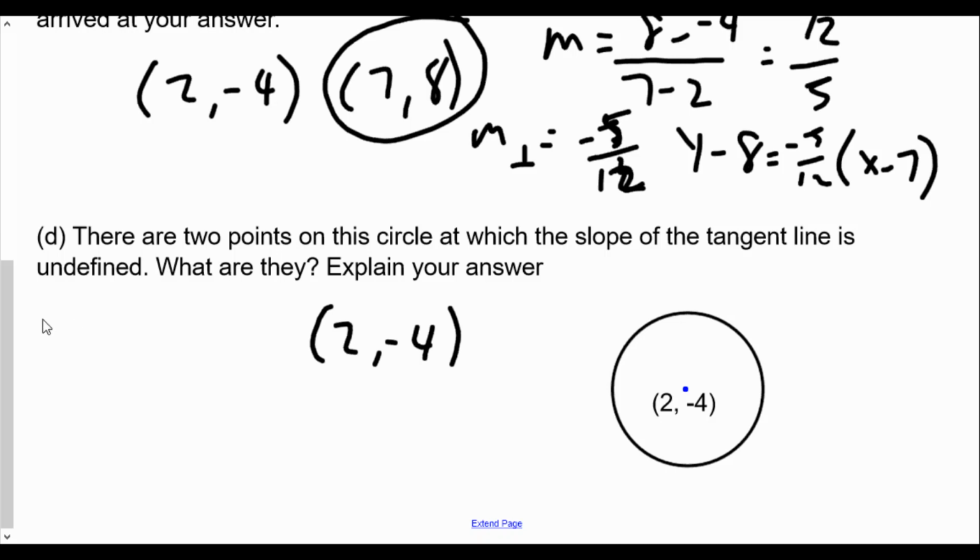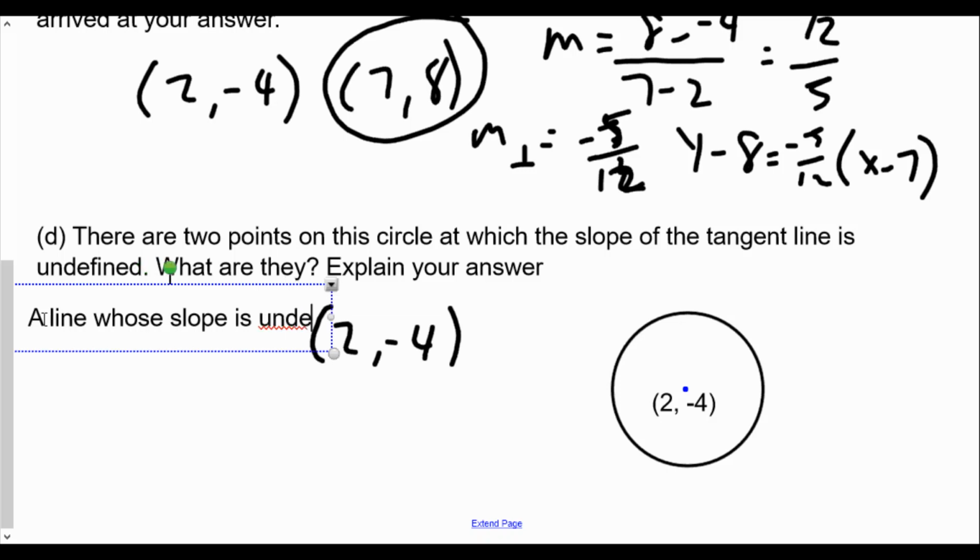So what does that really mean? A line whose slope is undefined is a vertical line. Let me just push this so it's easier to see, not running into everything here.